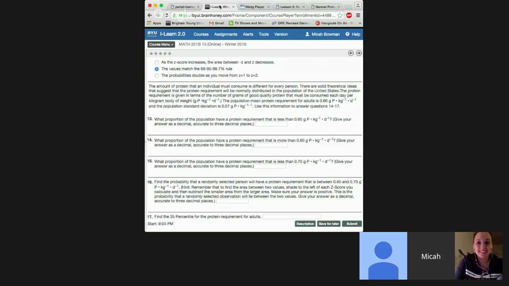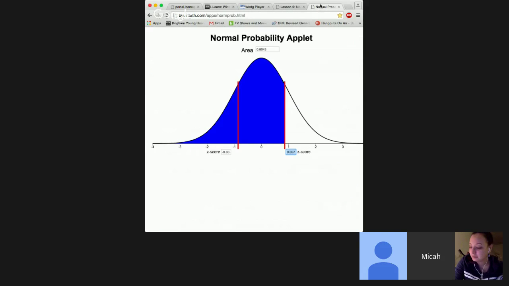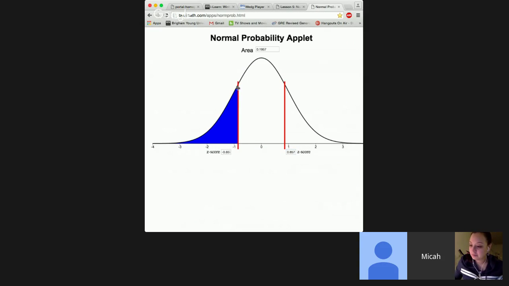The question is, what proportion of the population has a protein requirement less than 0.60? Do we go off of what's below this one, since we got a negative z-score?